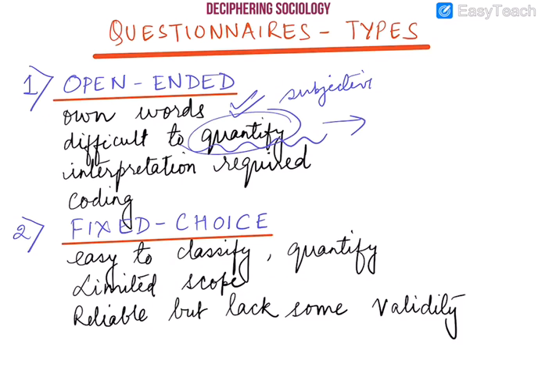But I am a researcher. I have to come to a proper conclusion. How do I quantify it? How do I categorize it? In which category should I place it? That becomes difficult. That means coming to a conclusion becomes difficult when people say anything they want in an open-ended questionnaire. Also, the interpretation required is huge.